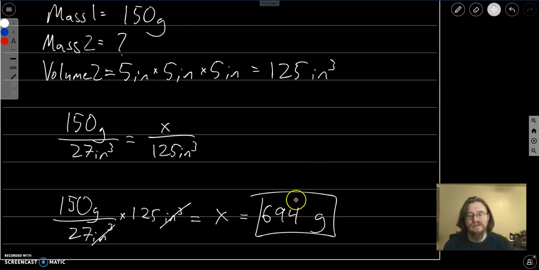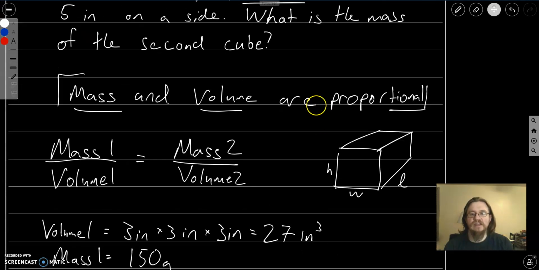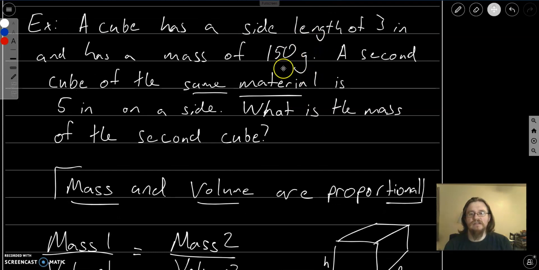That's more than 4 times. What ends up happening is mass increases drastically if the side length of a cube is increased. And I will go through one final example in one last video for this section.